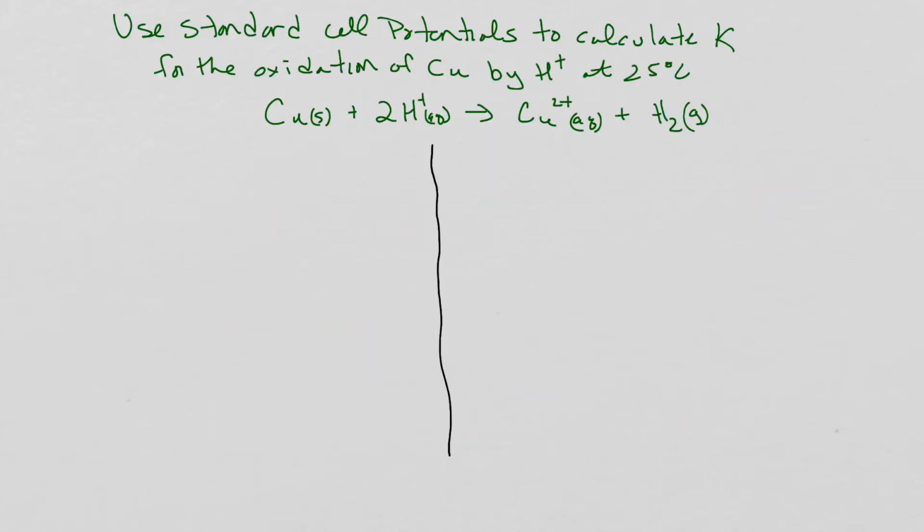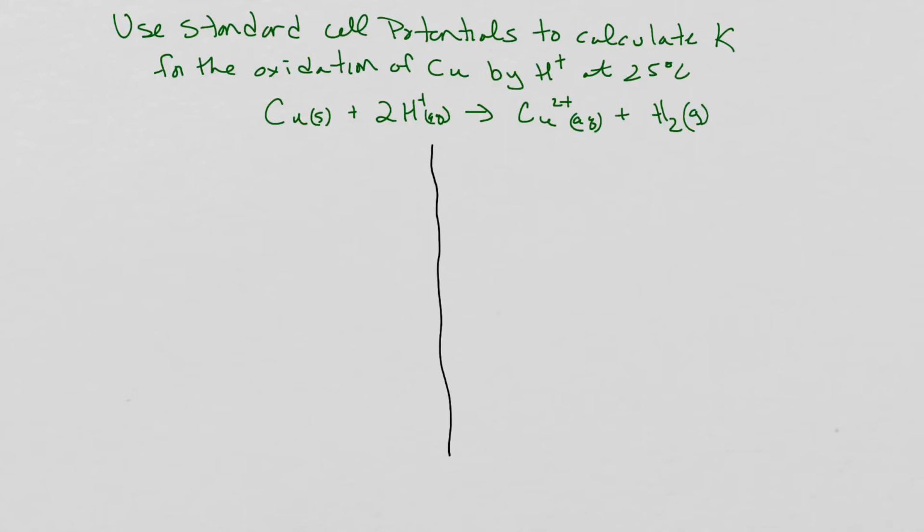All right, let's do a second example here, this time looking at the connection between cell potential and the equilibrium constant. So in this example, we're going to use standard cell potentials to calculate the K value, the equilibrium constant, for the oxidation of copper in the presence of H plus ions, again at 25 degrees. So the problem tells us that we're going to be calculating K from a cell potential.